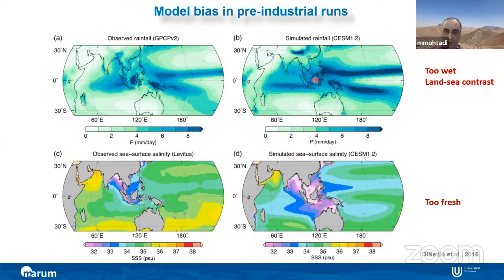But more importantly, the islands are relatively drier compared to the ocean, whereas in reality, and as we should expect, rainfall over the islands is much higher than over the ocean. And also in terms of salinity, the simulated salinity is much larger in area, in extent, and much fresher than in reality.